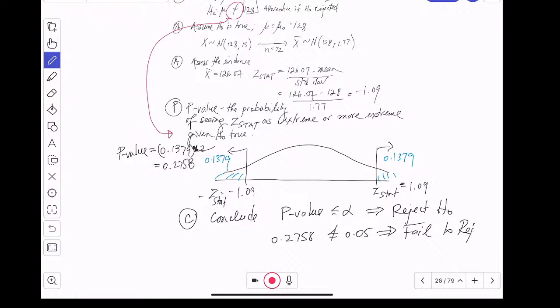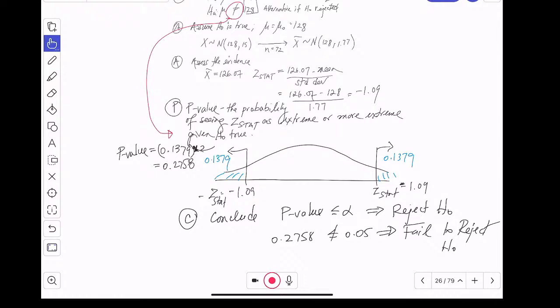What does it mean? It means that there is no difference. That in male executives, according to the study, there's insufficient evidence to suggest they have a different level of blood pressure, maybe owing to the stress. That's why we were checking this, but there's no evidence they have a different level of blood pressure as the average male in their age group. So we fail to reject H naught.